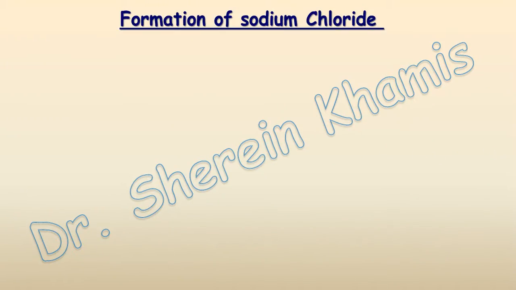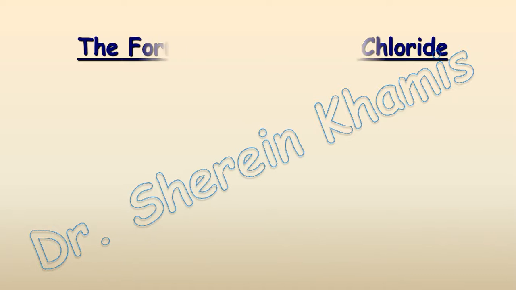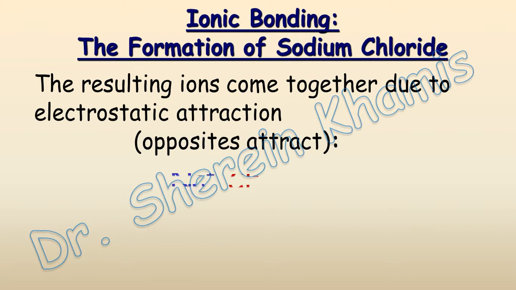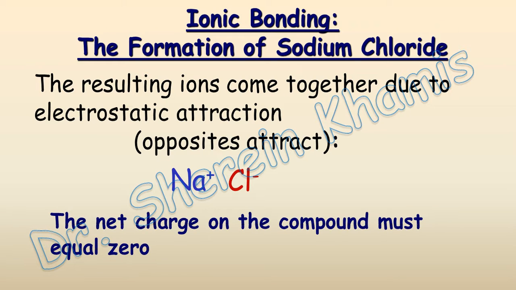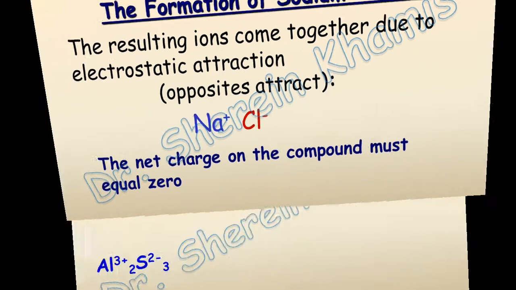Positive ion and negative ion: in this table we will discuss sodium Na+ and Cl-. The net charge of the compound must be equal to 0. By losing and gaining, the net charge of the compound will be equal to 0.